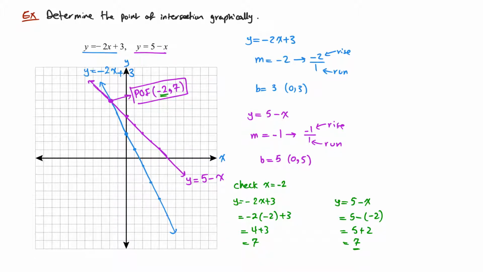So in both cases, when my x coordinate is -2, my y coordinate is 7. So that actually checks out, and it makes sense that my point of intersection will happen at the point -2, 7.